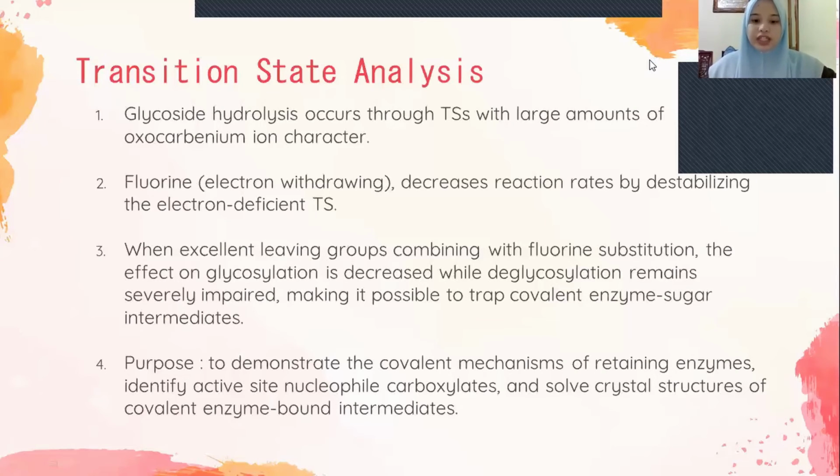So the kinetic isotope effect is widely used to demonstrate the mechanism of retaining enzymes, to identify the active site nucleophile carboxylate, and to solve the crystal structure of the covalent enzyme bound to the intermediate, just like in this case. So we can determine the transition state with oxocarbenium ion character by using the kinetic isotope effect. For the next one, I will pass to Hafiza.